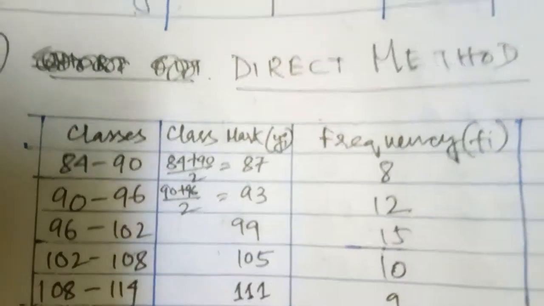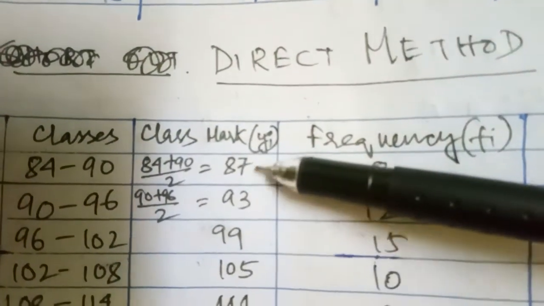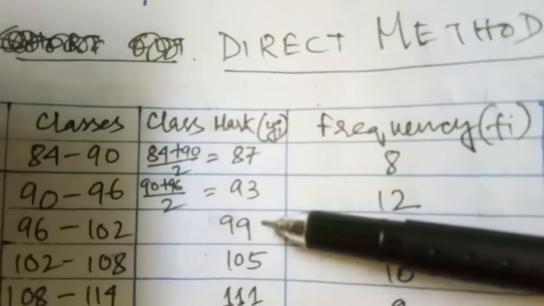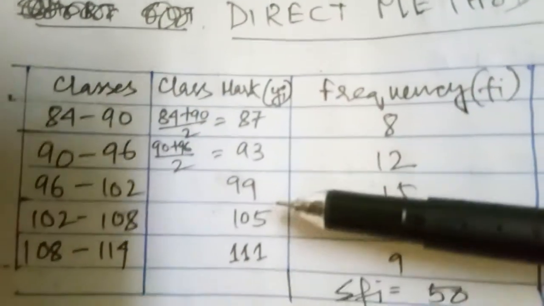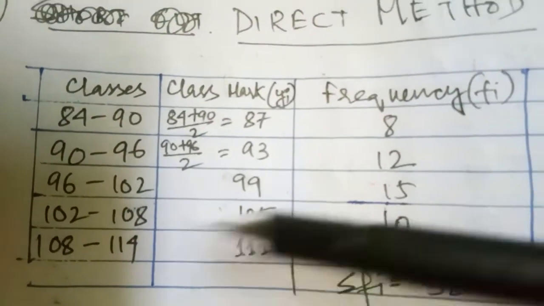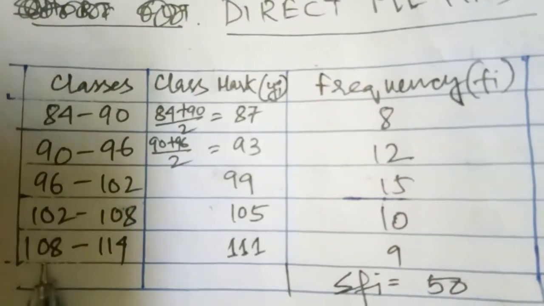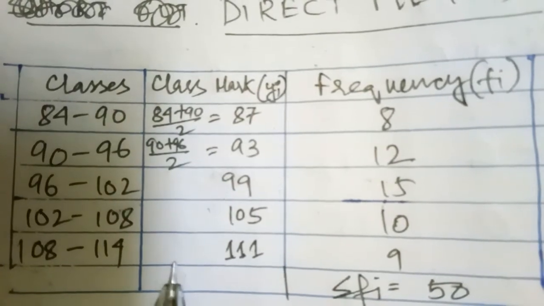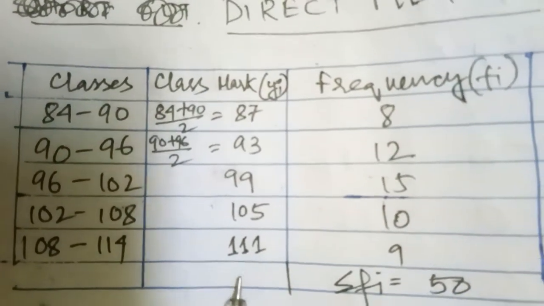Now you can see there is a gap of 6. Add 6 to get 99, add 6 to get 105, add 6 and it comes to 111. When you do this part, 108 plus 114 gives 222, and if you divide by 2, that comes to 111. We follow the same method.